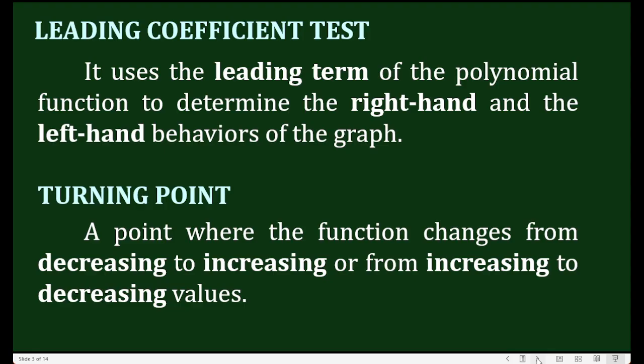So in the polynomial function, we also have turning points. Unlike in quadratic function, there are more than one or two turning points. And how do we determine the number of such turning points? Later on we will be discussing that. So let us proceed to the next slide.